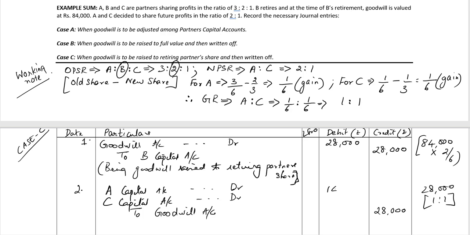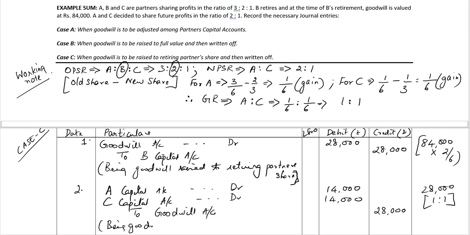So 14,000 against A's capital account and 14,000 against C's capital account, being goodwill written off among A and C in gaining ratio.